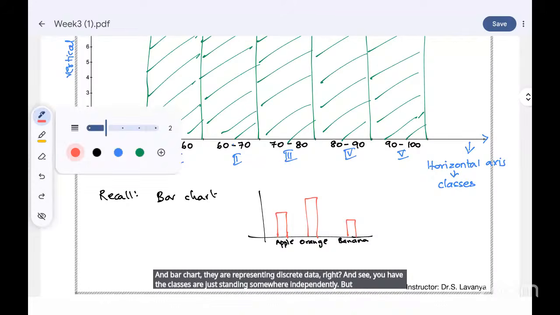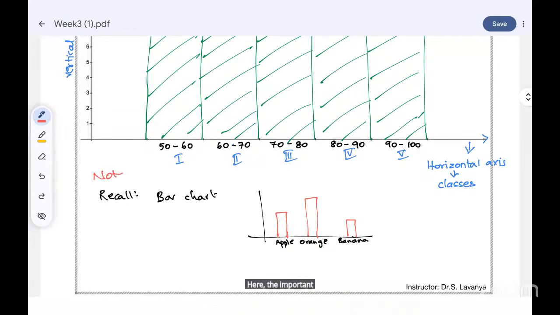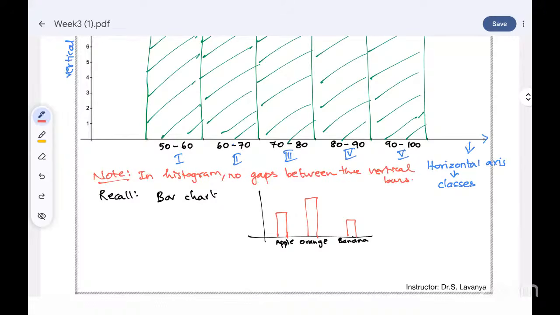But here, the important thing is that in a histogram, there are no gaps between the vertical bars. Okay, so this is something important.